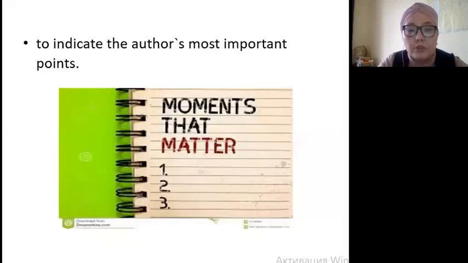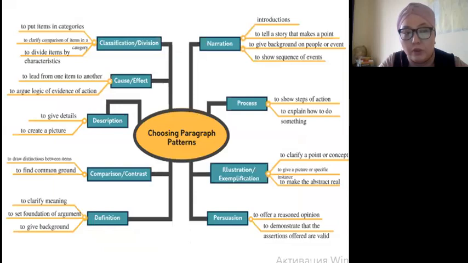Okay, so talk back to authors with personal comments and reactions, and also indicate the important points. We should indicate areas that need clarification, and indicate supporting points like examples, reasons, and statistics, etc. We are using these common words.